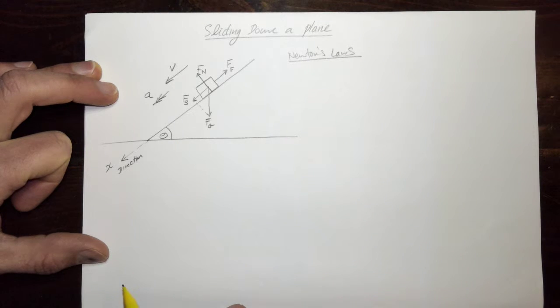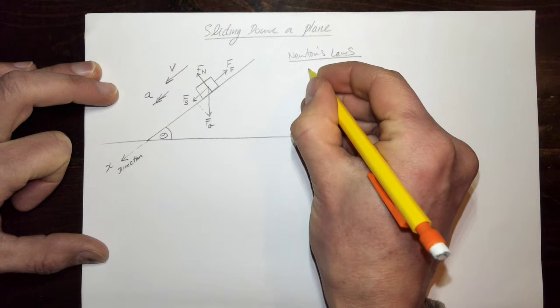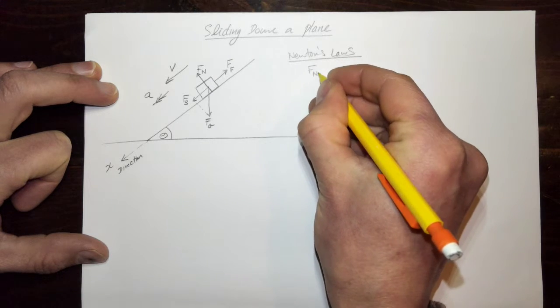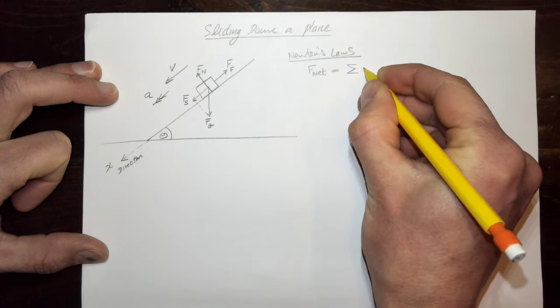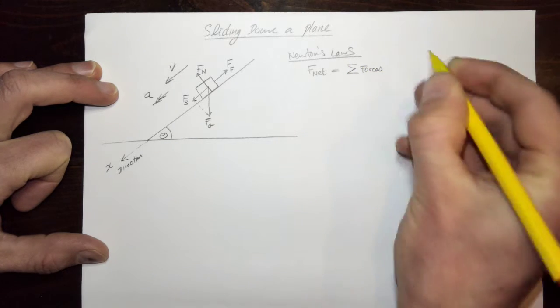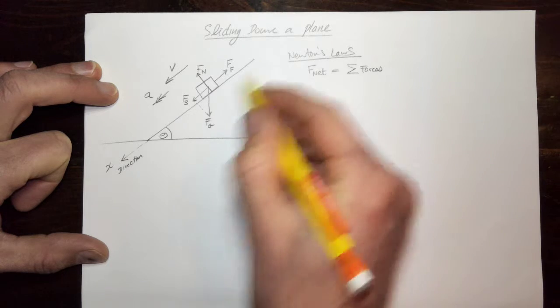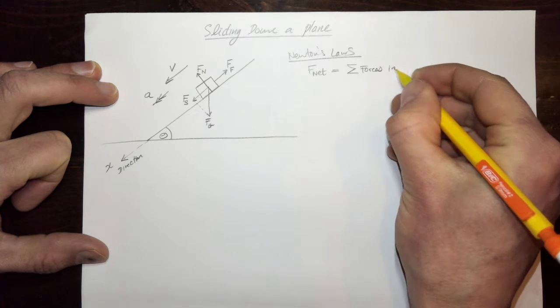Newton's law says that in the case where an object is accelerating, there must be a net force. So let's write down an expression for the net force. F net equals the sum of all forces in any particular direction that we might pick. So the direction we're going to pick is along the plane.